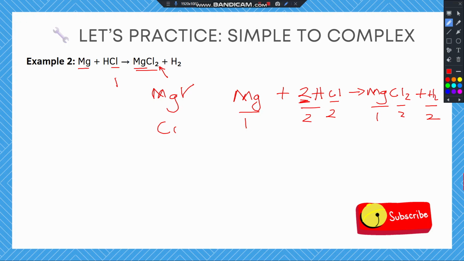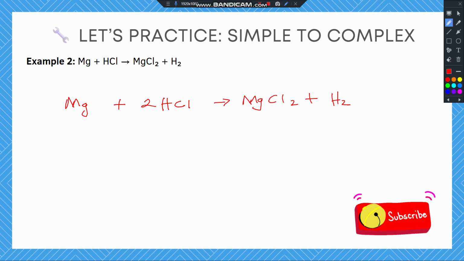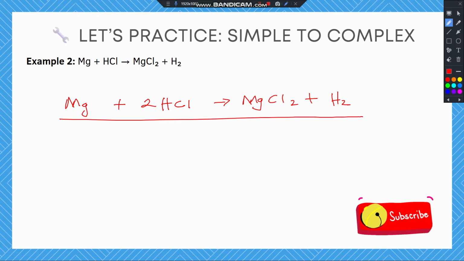So all the elements now have been balanced. So the balanced chemical equation becomes Mg plus 2HCl, giving us MgCl2 plus H2. All the elements in this chemical equation have been balanced. This is the balanced chemical equation.